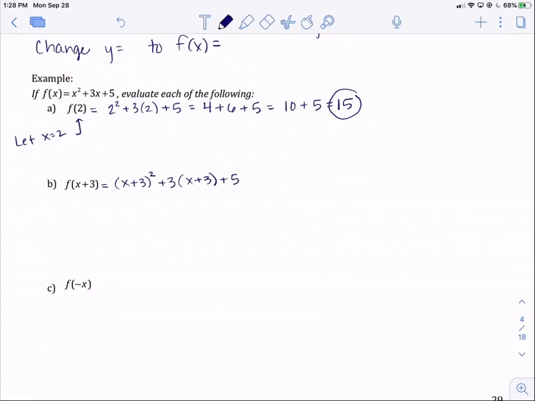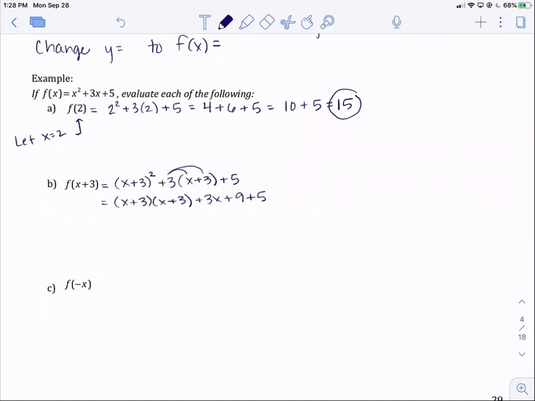FOIL. I'm going to go ahead and write this out twice. Some of you guys have started doing the shortcut, and that's perfectly fine. I'll show you afterwards. Okay, distribute. What's 3 times x? 3x. And 3 times 3? Plus 9. Plus 5.